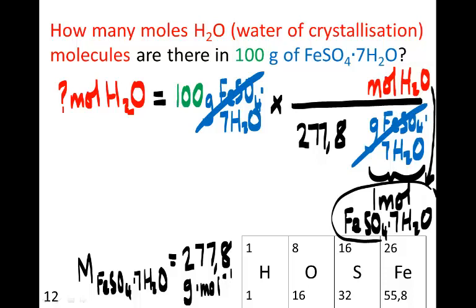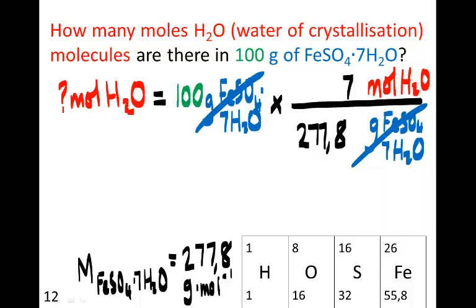And we can see there's the answer. There are 7 moles of water of crystallization for every 1 mole of the whole molecule or the whole formula unit. So top and bottom refer to equivalent amounts. They're both referring to a mole of iron sulfate. The bottom is referring to the mass of that mole of iron sulfate.